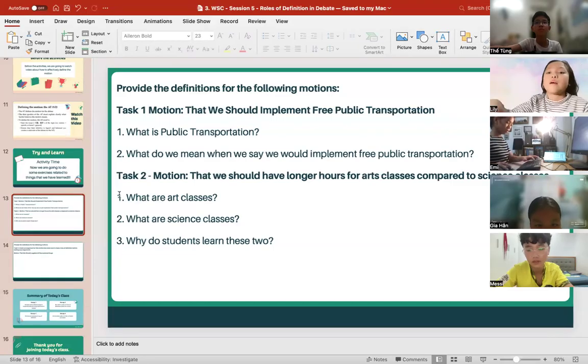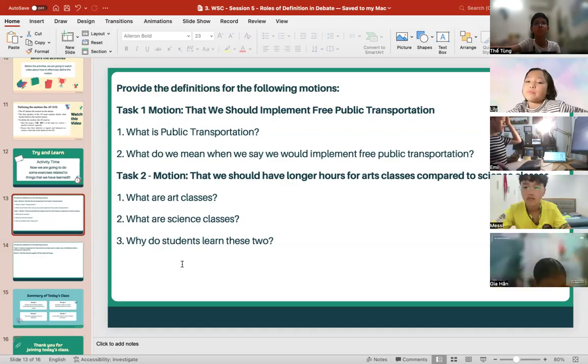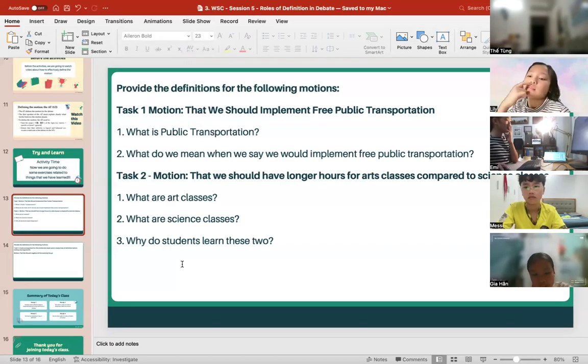First one. What are art classes? So, art classes often require creativity. It's all about expressing what we think about something. We draw, we paint, we create sculptures, and maybe take some photographs that can be imaginative. And art classes can be really interesting.